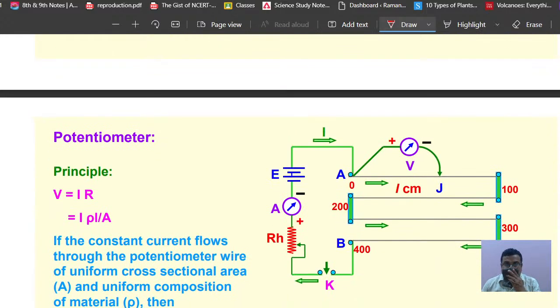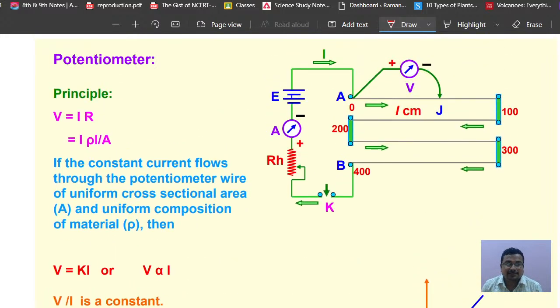Now move ahead to the device called the potentiometer. The potentiometer has a 400 centimeter wire, 4 meters: 1 meter, 2 meter, 3 meter, 4 meter. We have a voltmeter to measure the voltage.